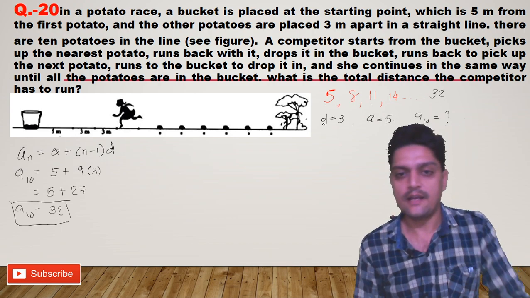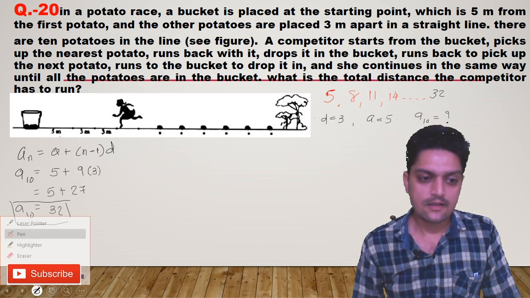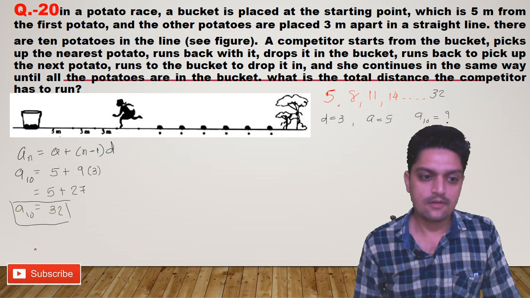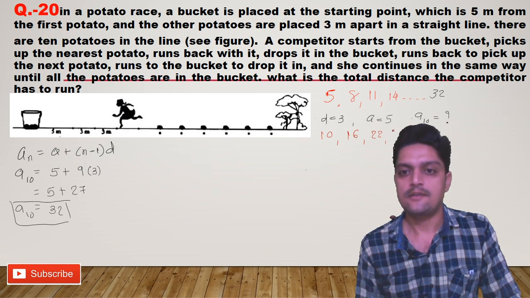Otherwise you can directly write another AP. In this AP, 5 meters she will come back also, so here you should write 10, then 16, then 22, then 28, and up to 32 twos are 64.